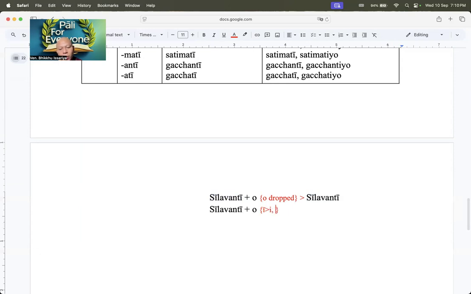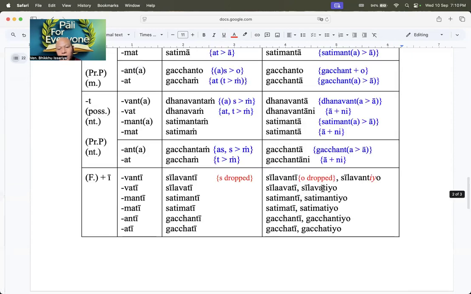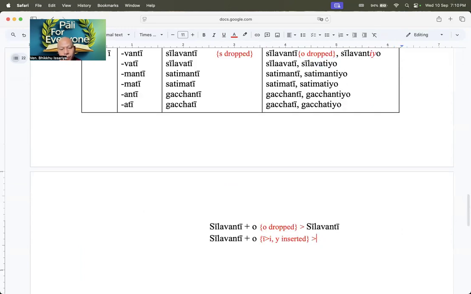After that, 'ya' is inserted. That is why in this way, silavantiyo. So silavantiyo, you see? By changing in this way, all of them are also the same.